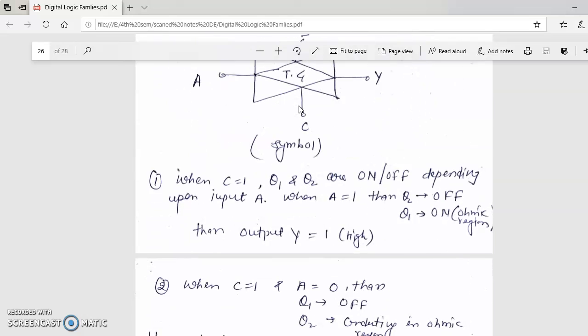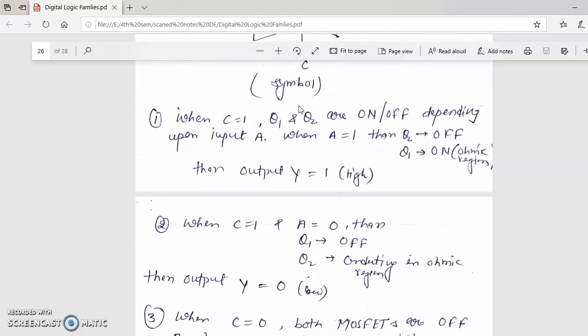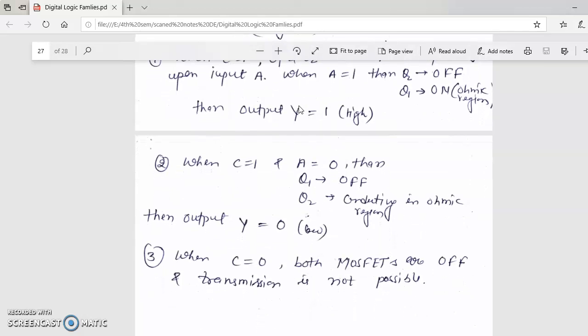Okay, then the output is 1. When C equal to 1 and A equal to 0, then Q1 is off and Q2 is on, conducting in the ohmic region, and the output is low level.